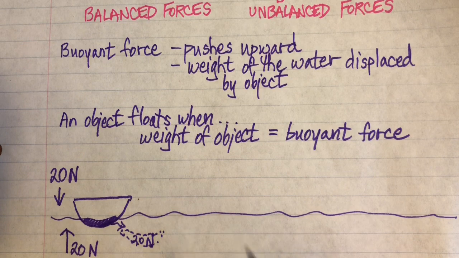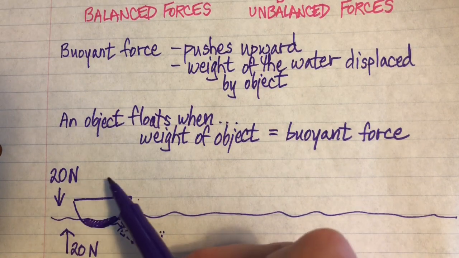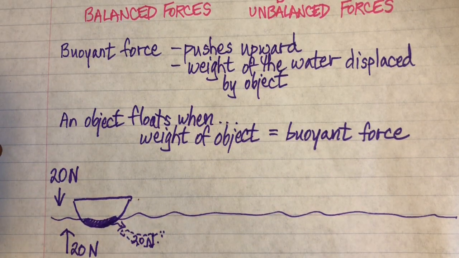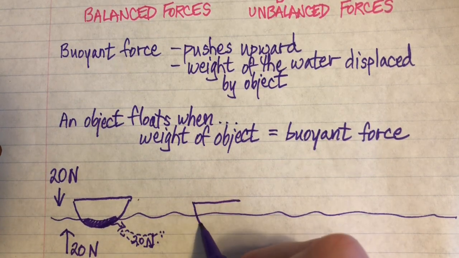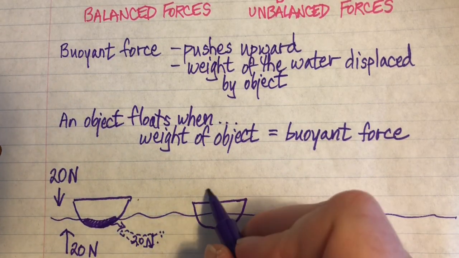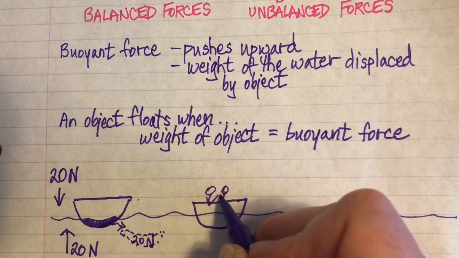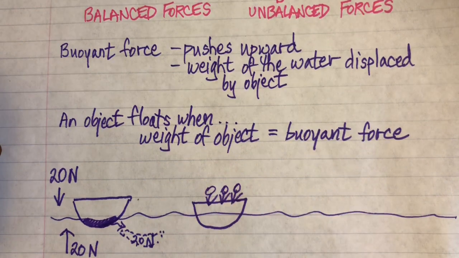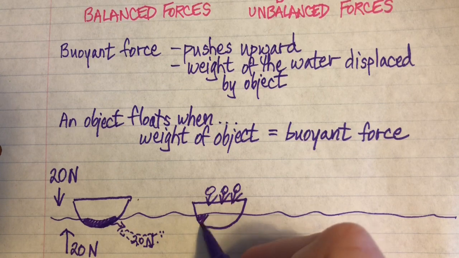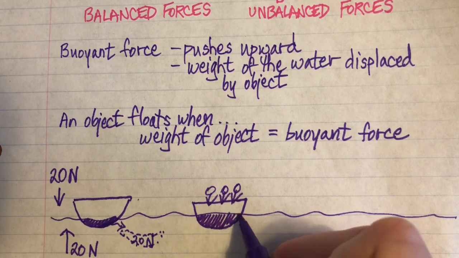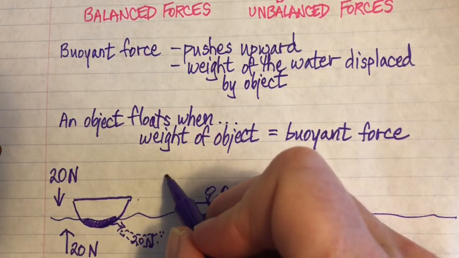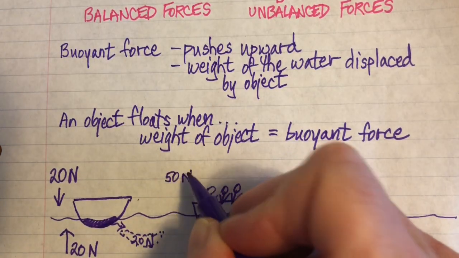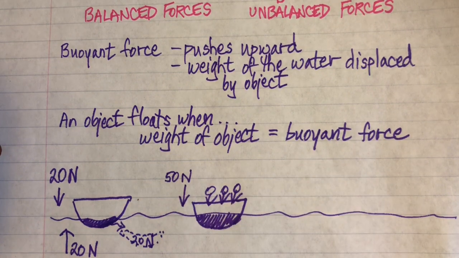Okay, now what do you think would happen if some people came onto this boat? The boat would sink lower in the water. So here's some people on this boat. Now it's pushing away a lot of water. So let's say the boat plus the people, the total weight pushing down now is 50 newtons.